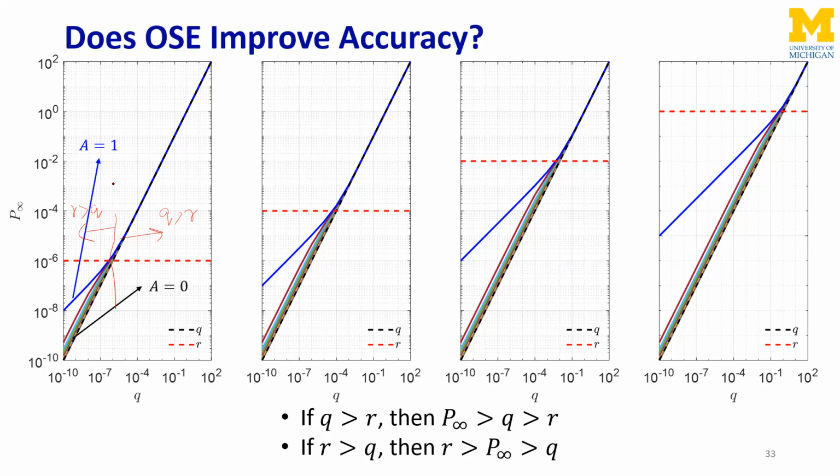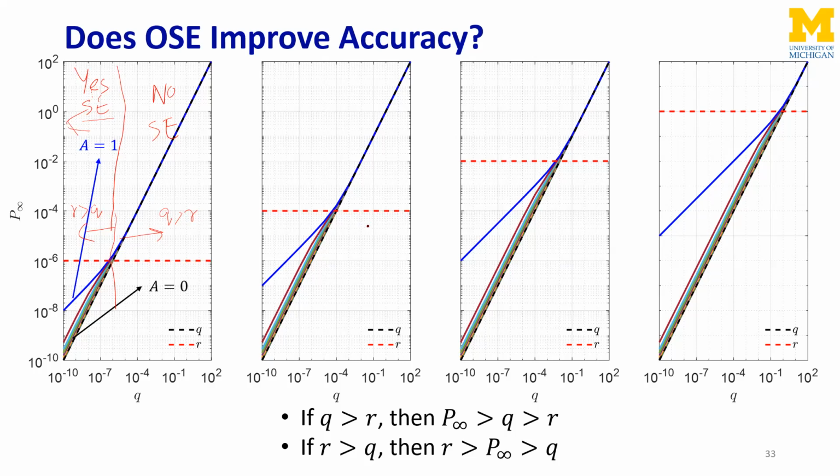So this is the region in which you want to use a state estimator. If this is the case, you don't want to use the state estimator. So no state estimator, and this is yes, state estimator. So you want to use a state estimator only when the model process noise is much smaller than your measurement noise.